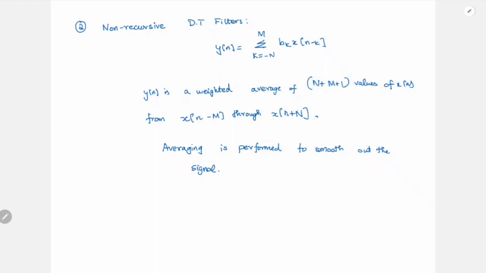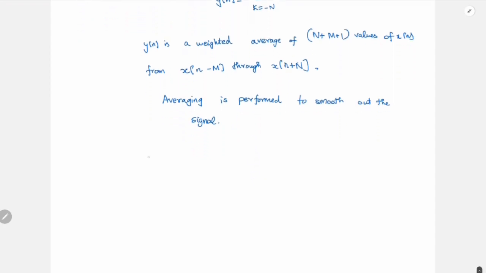It is like integration. Okay, so let us take a simple example. Let's say y of n is equal to the average of x of n minus 1 plus x of n plus x of n plus 1. So the signal, the one before it and the one after it.